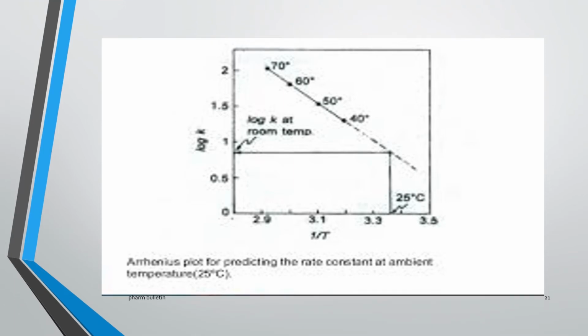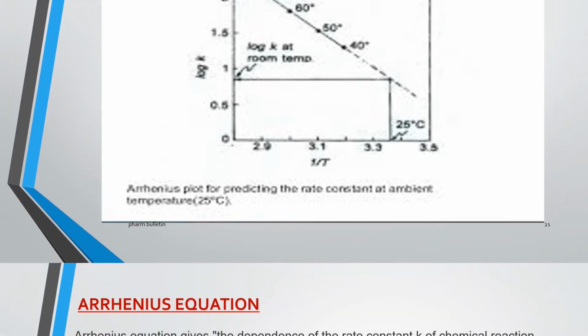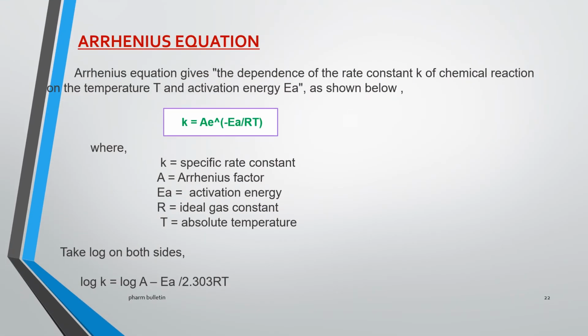This graph represents the Arrhenius relationship between the temperature and the K value. I have mentioned the Arrhenius equation relationship in the above prediction of shelf life. So what the Arrhenius equation is, we are going to see in this slide.